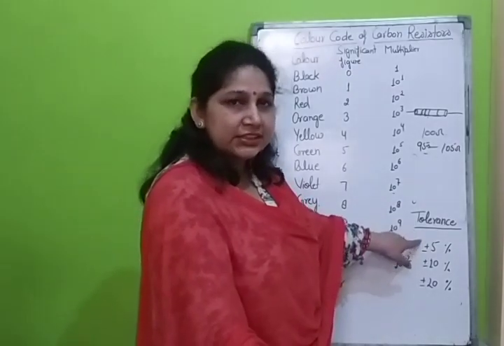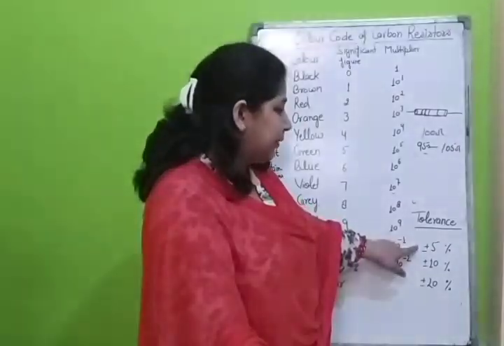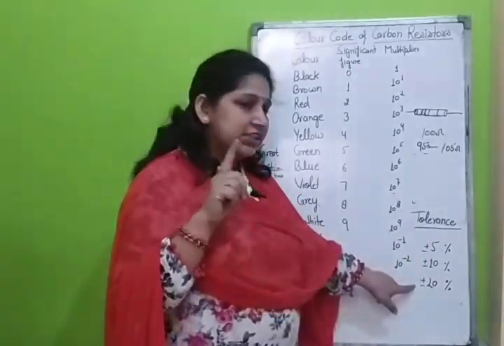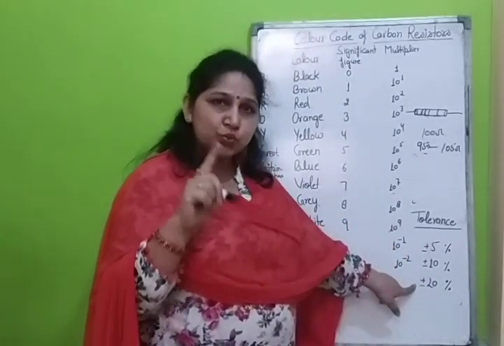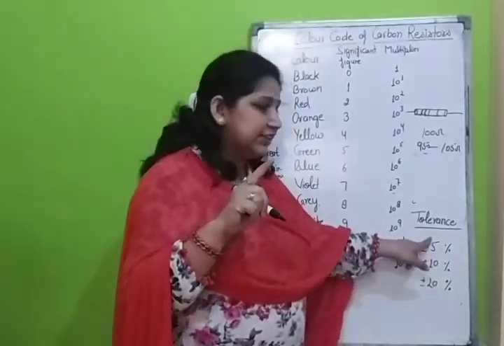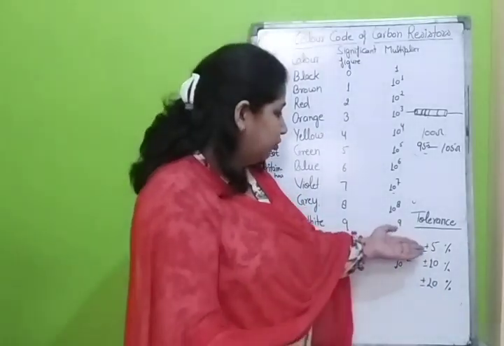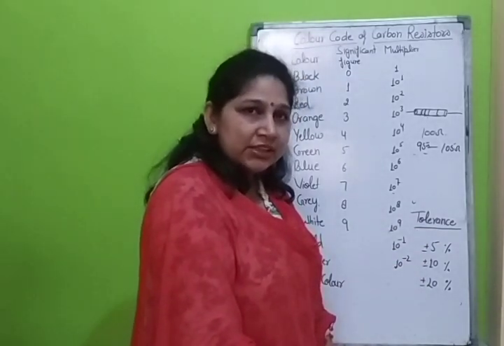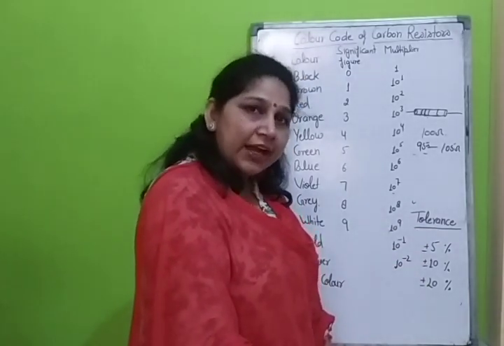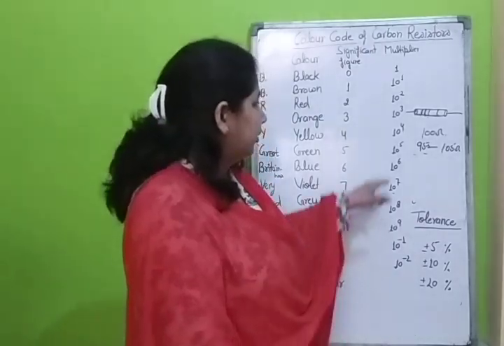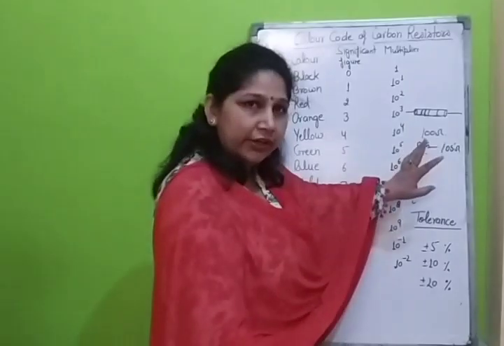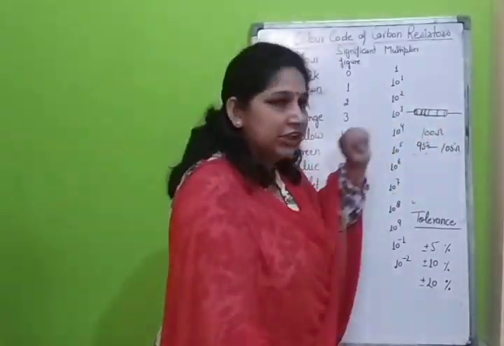Means the resistance with tolerance plus minus 5 has high cost, and the resistance with plus minus 20% tolerance has low cost in comparison. Got it? The 5% resistance will be of high cost as it gives a tolerance of only 5 plus or 5 minus. Got it? These are the meanings of these four lines.